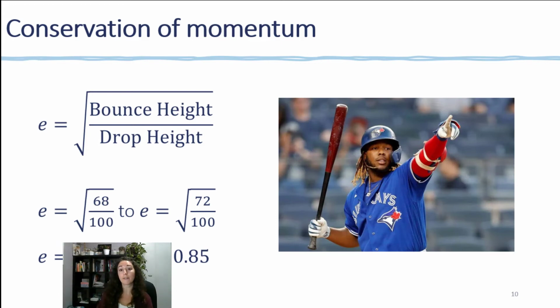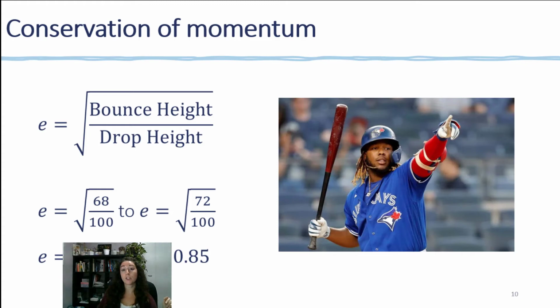If the ball is dropped from a specified height onto this fixed impact surface, then the height of the rebound and the height of the drop provide enough information to figure out the coefficient of restitution. This equation is derived from the elastic collision equation and the coefficient of restitution equation.